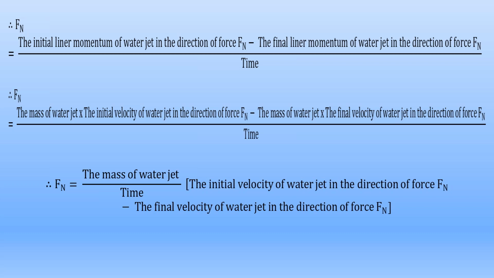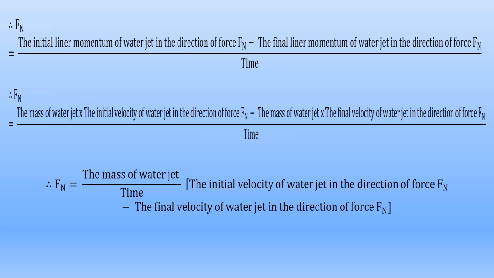We know that with that force Fn direction, the initial velocity makes an angle of 90 minus theta. So the initial velocity of water jet in the direction of force Fn is v cos(90 minus theta), that is v sin theta.